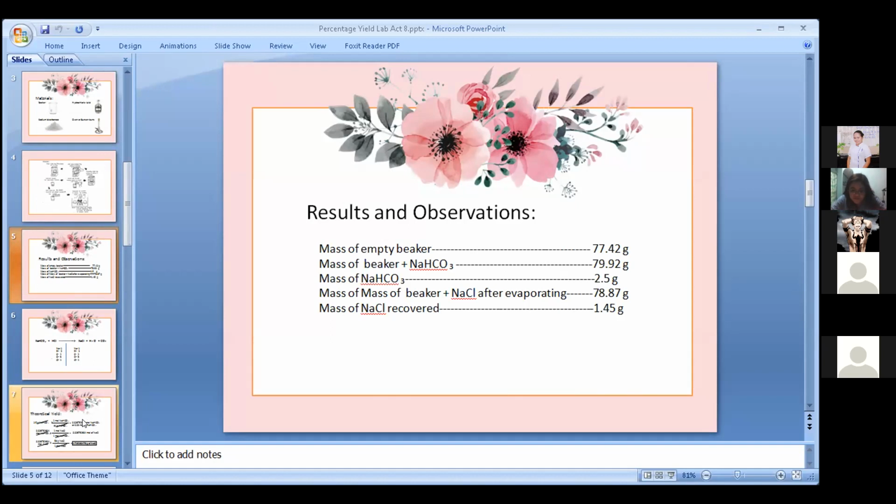Tapos di ba law of conservation of matter or law of conservation of mass, ginasabi nga matter cannot be created nor destroyed. Tapos ang ato ang yield is 84%. Na-destroy ang 16%. Asa na adto? Nga di ba based on law of conservation of matter, dapat walay ma-create, walay ma-destroy.